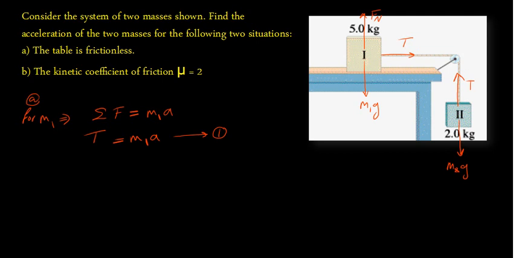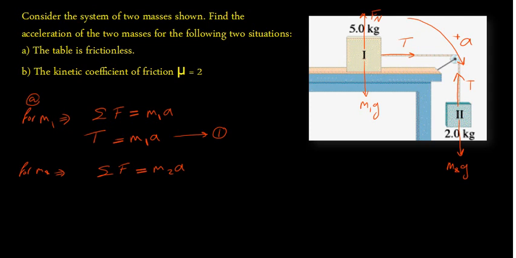Okay, let's go to block 2. Same, the total forces acting on it, but this time it's m2a. Now we will consider the motion to be this way, so anything going this way will be a positive acceleration, assuming the second block will be pulling the first block.